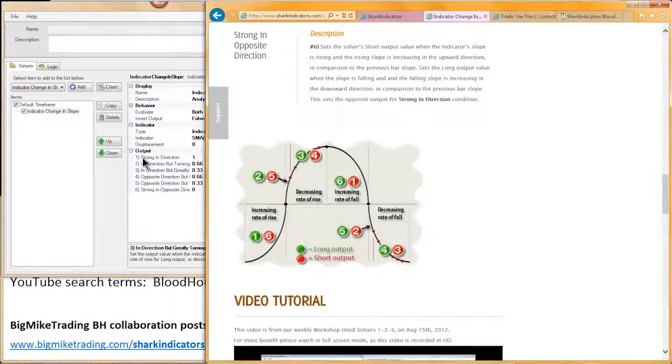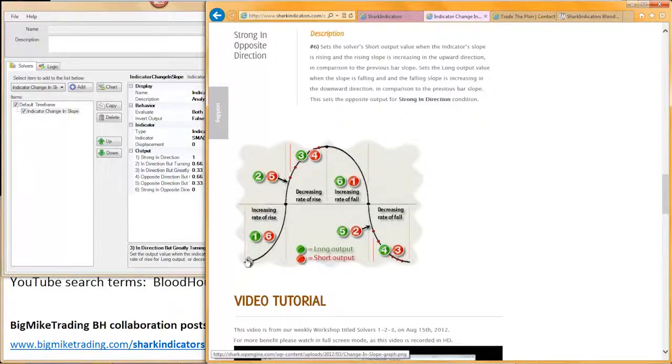So the first output here is strong in direction. This graphic has a very generic curve pattern to illustrate where you are in the slope as the slope of an indicator is changing.